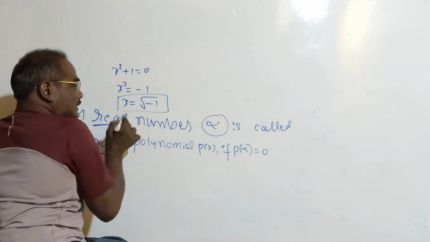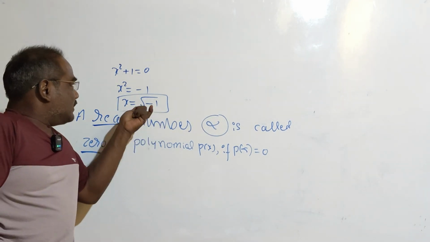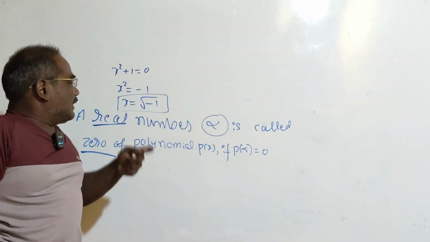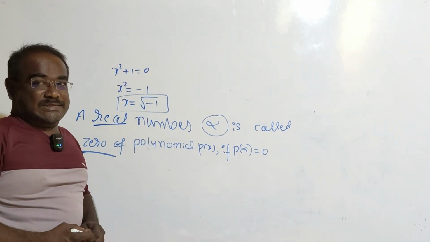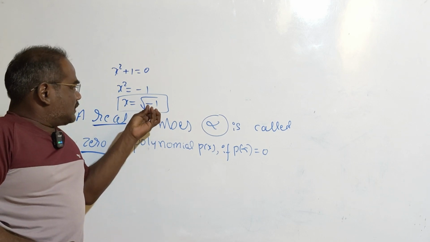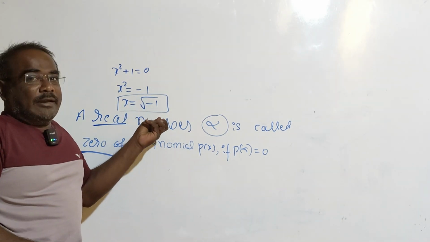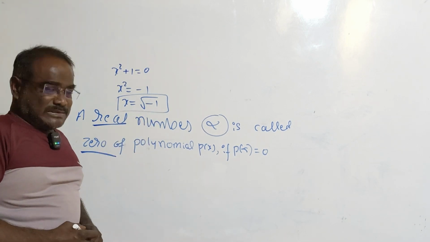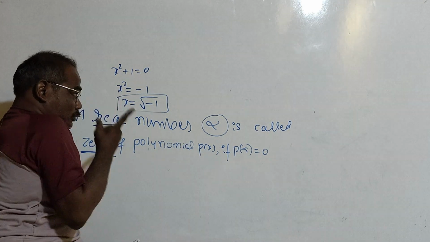In this case, alpha becomes root minus 1. If you substitute under root minus 1, then only it will become 0. But under root minus 1 is complex because you cannot bring it out from the root. So this is complex. Hence, alpha is sometimes complex also.